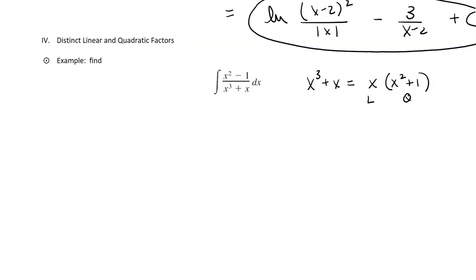So the decomposition of x squared minus 1 over x times x squared plus 1 is going to be A over x because this one is linear.